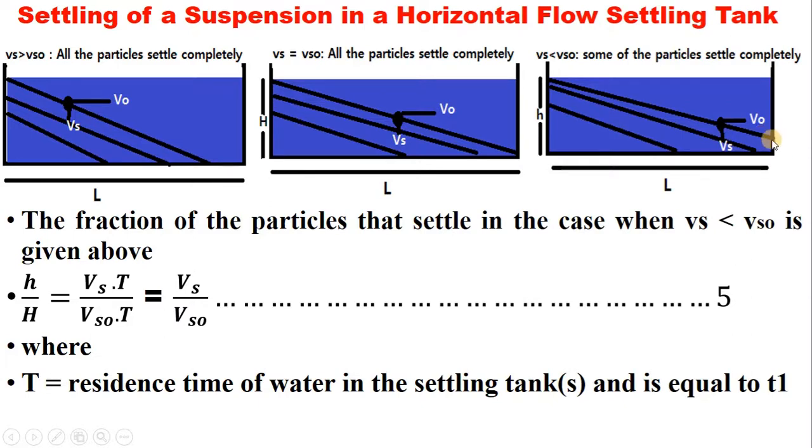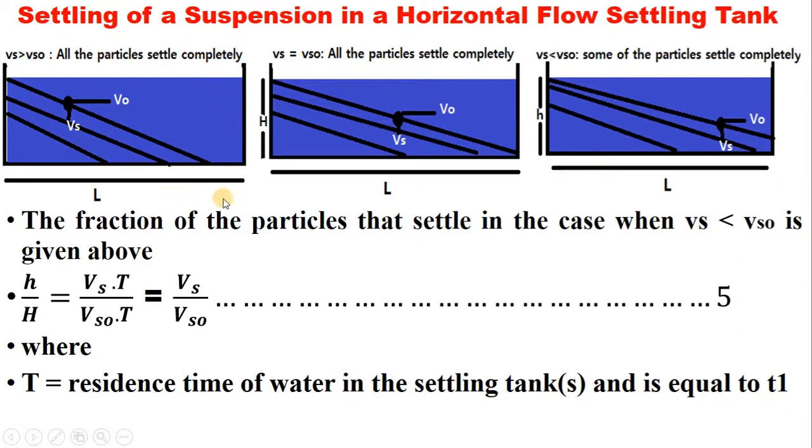Because it has shifted beyond the critical velocity, some of the particles will remain suspended, whereas some will completely settle. So the fraction of the particles that settle, in the case when Vs is less than Vs naught, which is settling velocity less than surface loading velocity, is given above.